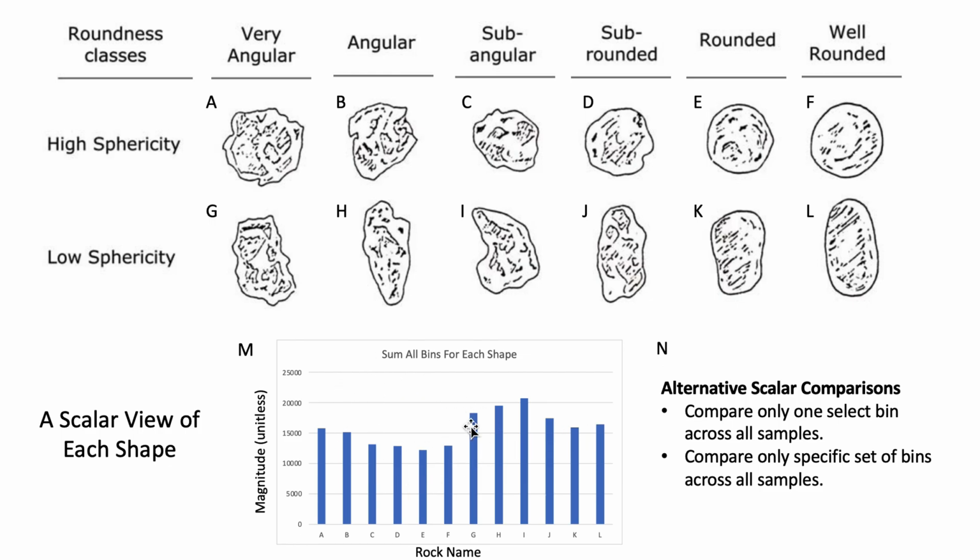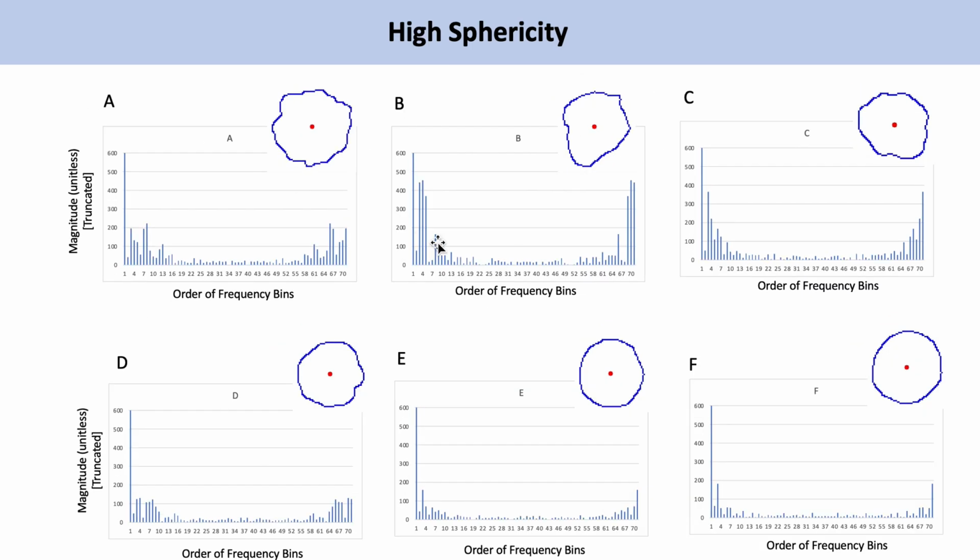Now this panel M, summing all bins for each shape, is just one method of obtaining a scalar value. Alternative methods are to compare only one bin across all samples, or compare only a specific set of bins across all samples. As I pointed out earlier, the smoothness of the edge is captured by the last 3 bins. The smoother it is, the smaller these last 3 bins are.